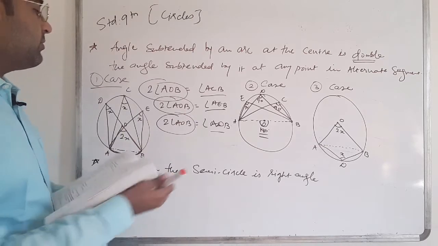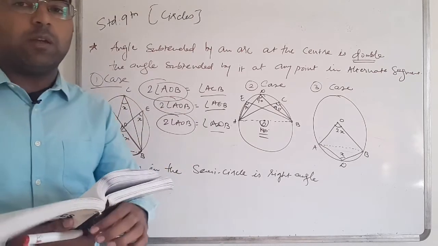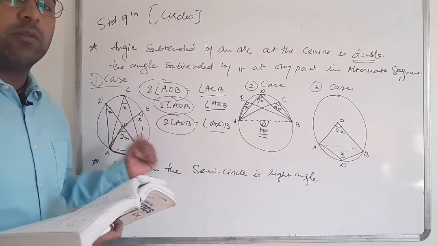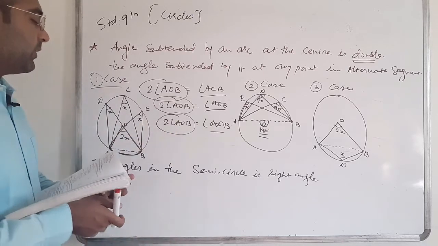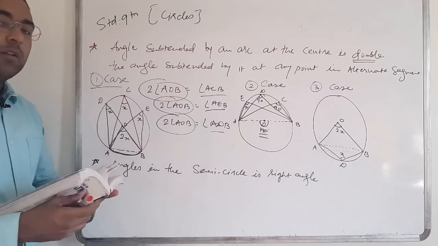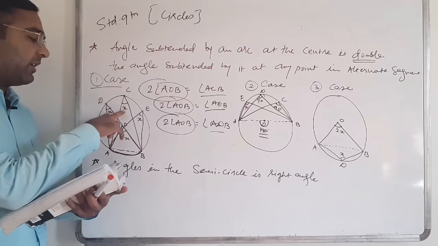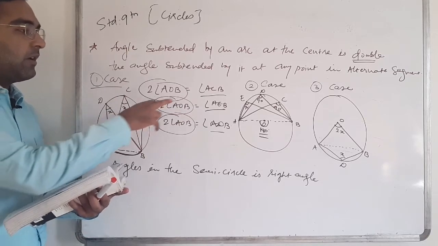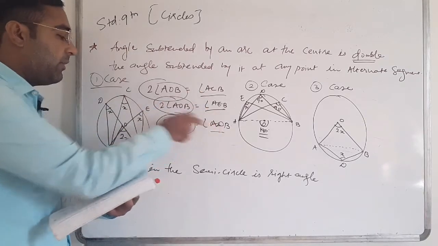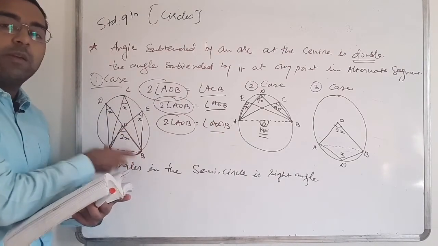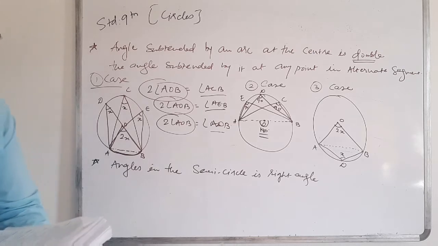Next theorem is based on case 1, that is, angles formed on the same segment are equal to each other. ACB, AEB and ADB are all equal to each other if they are formed on the same base or same segment.